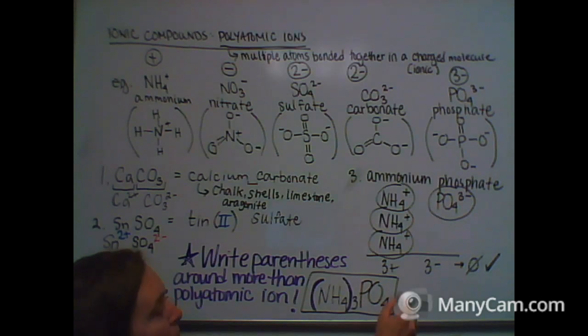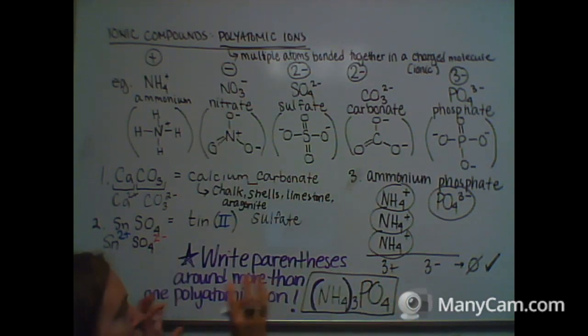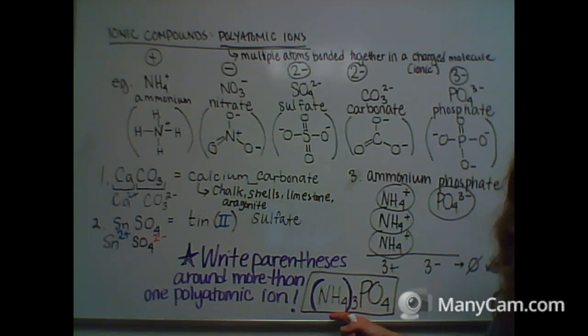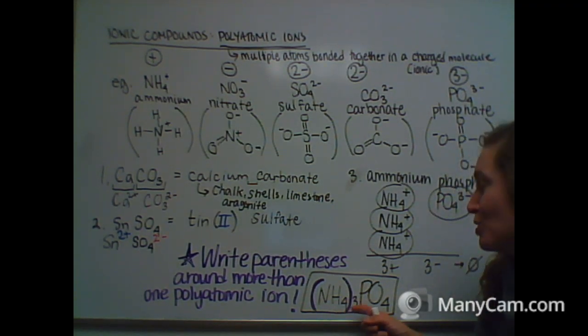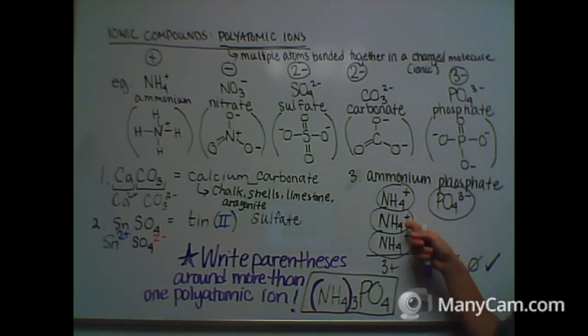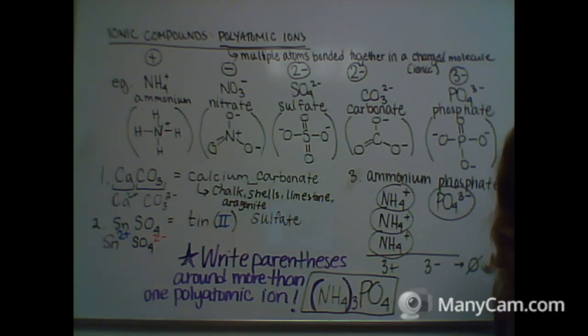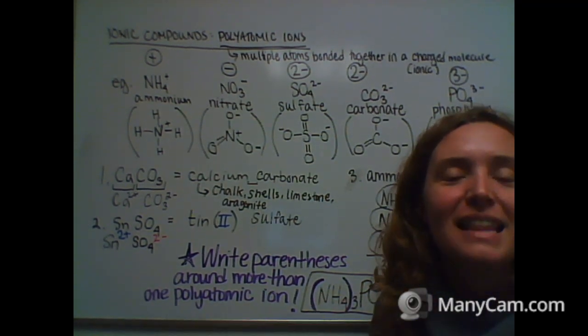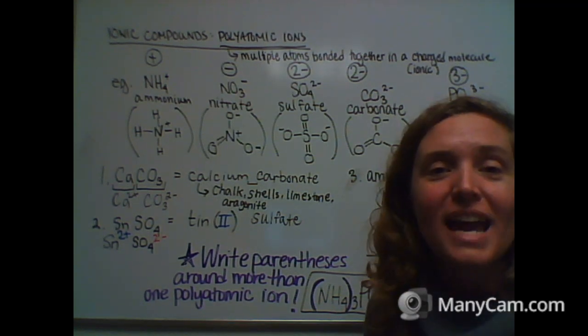We do not need parentheses around this phosphate because there's only 1 of them. So we only write parentheses around more than 1 polyatomic ion so that we can enclose all of those atoms of the polyatomic ion together and multiply by 3 in order to cancel out the charge and get a net charge of 0. So go ahead and work at the concept check, and thank you for watching.